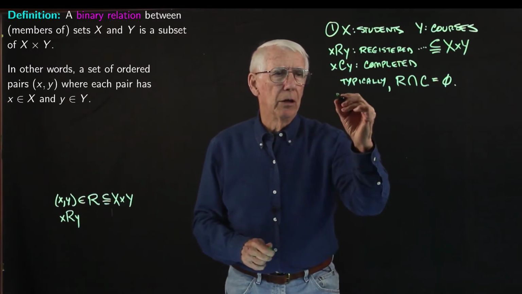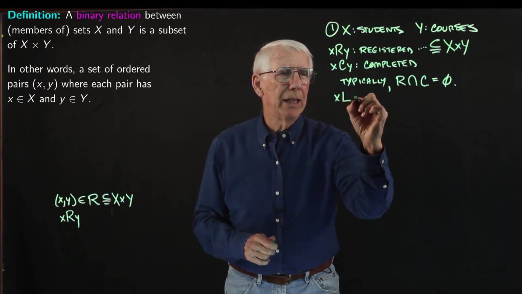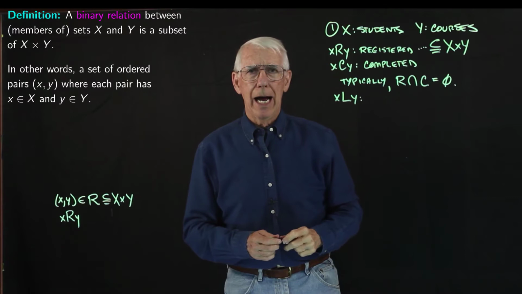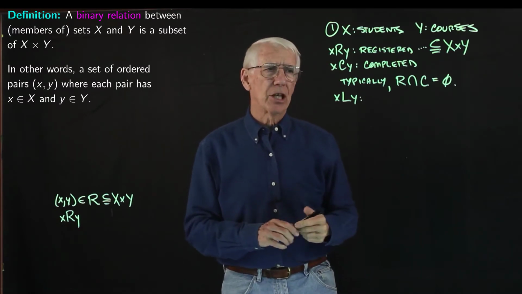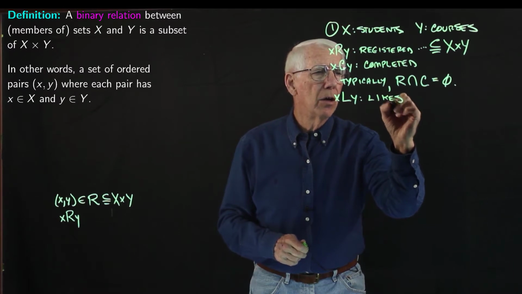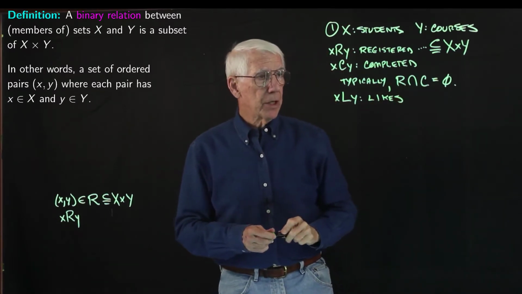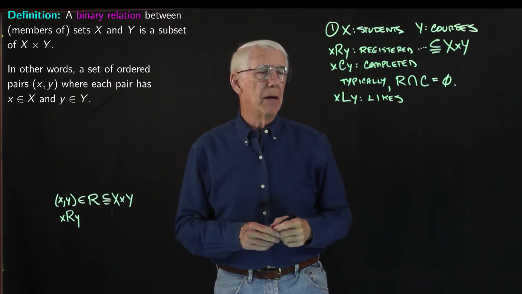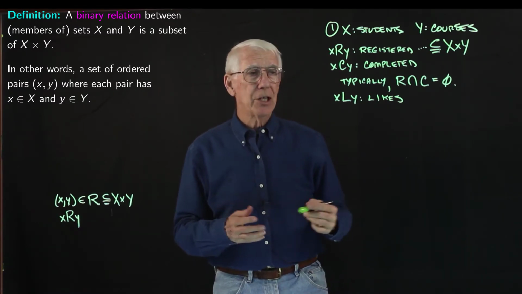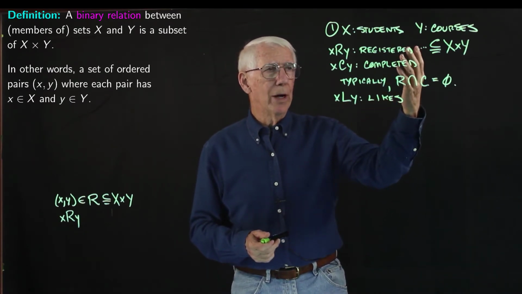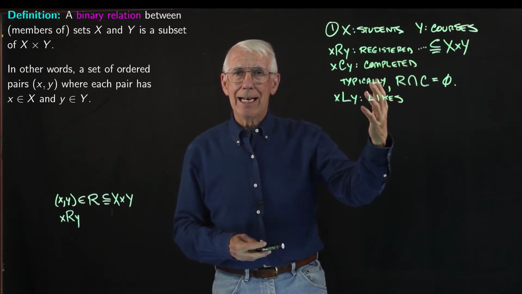What about another relation? Let's suppose that we have the relation L. And let's say that X L Y means that student X likes course Y. So let's say that. And here we might imagine that, in some cases at least, the students have registered and are taking exactly the courses they like.